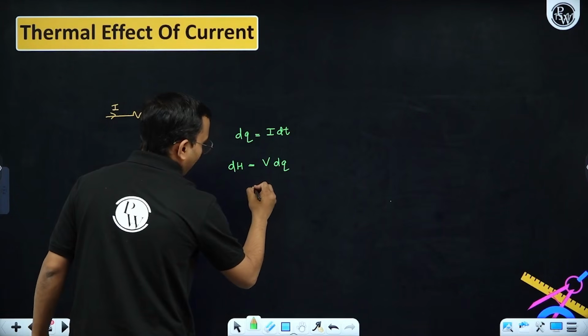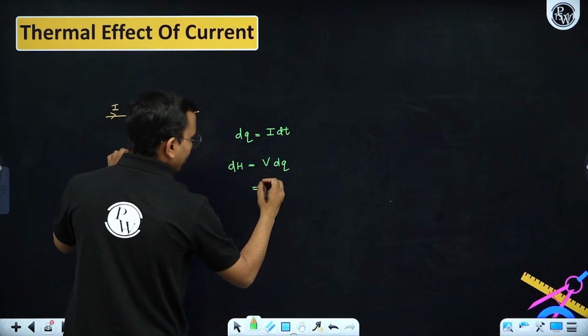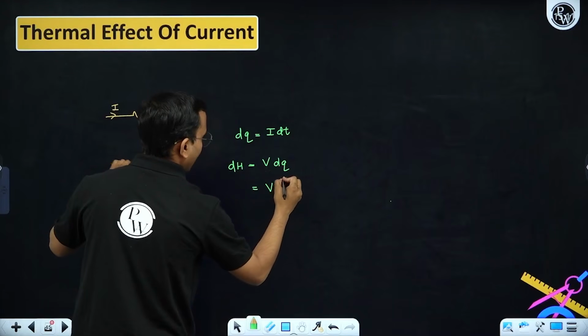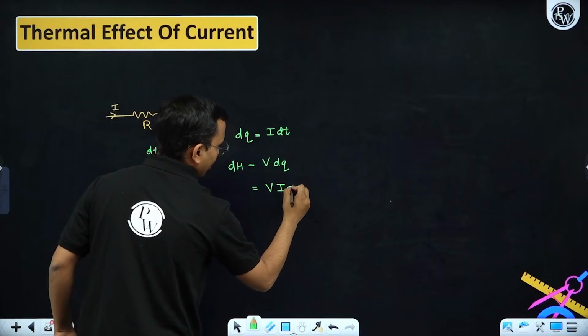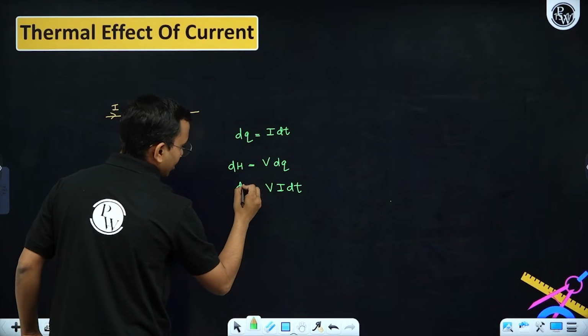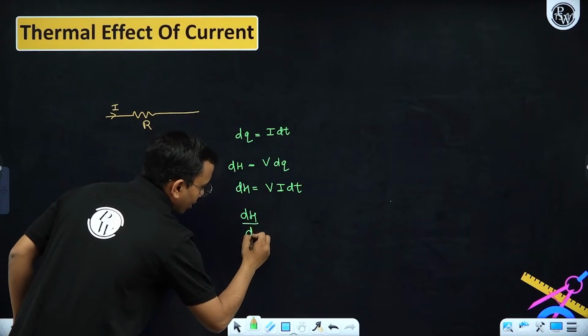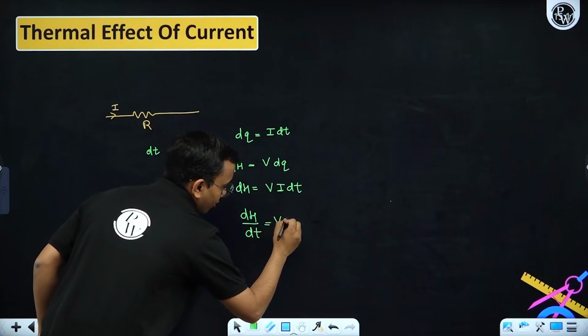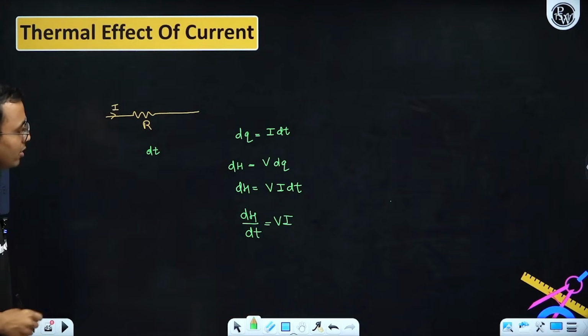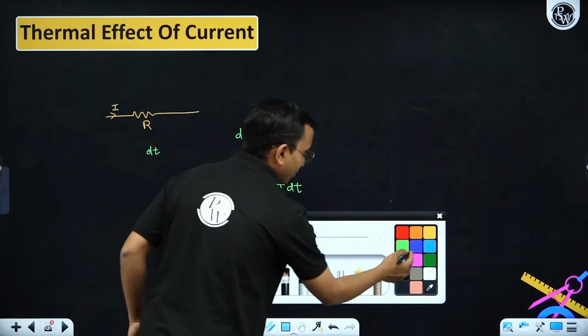Now V and dq, I can say that is I dt, and this is dH. So from here dH by dt comes out to be the product of potential and the current across the resistor, and dH by dt is my power.